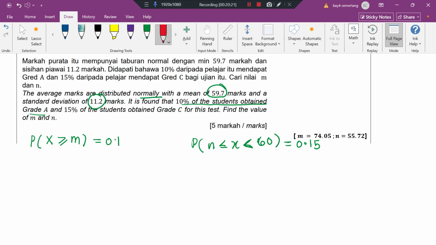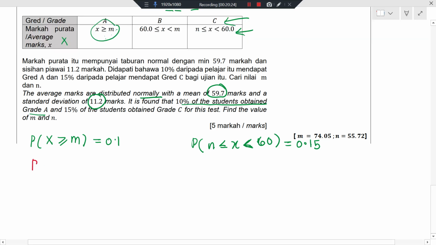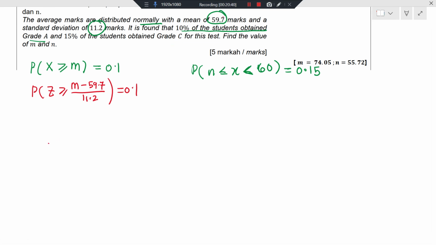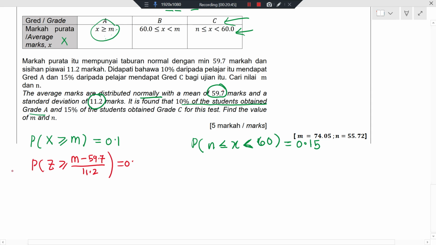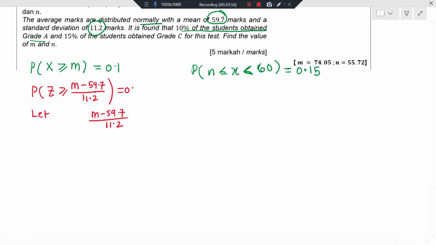So now, let us settle m first. Probability Z greater than or equal to m minus mean over standard deviation. The mean is 59.7 and the standard deviation is 11.2, equal to 0.1. Remember, your probability is not more than 0.1, so you want to shade. Before that, I leave a space first, m minus 59.7 over 11.2, because I don't want to carry this burdening and complex expression here.